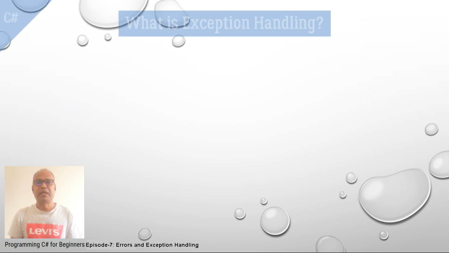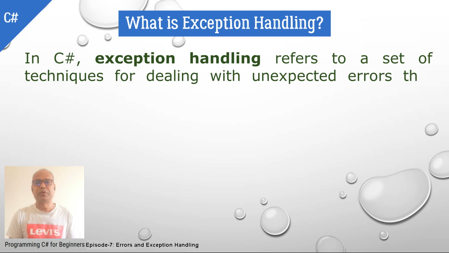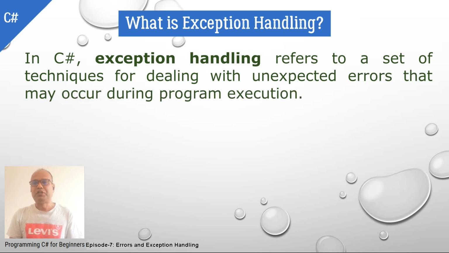In C#, exception handling refers to a set of techniques for dealing with unexpected errors that may occur during program execution. It's like having a safety net in place to prevent your program from crashing if something goes wrong. Imagine you are driving a car.